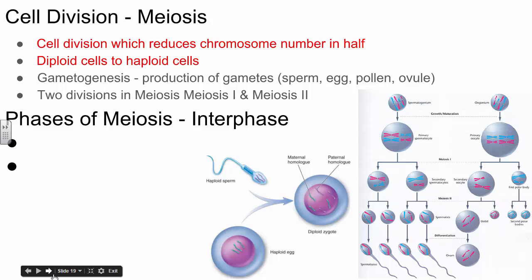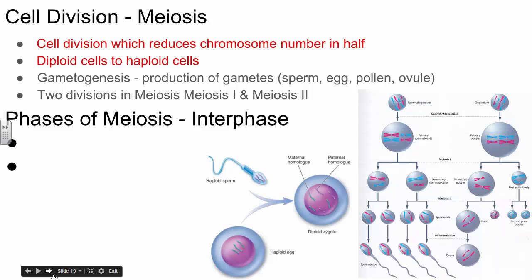The phases are called the same things. So it's still interphase, prophase, metaphase, anaphase, and telophase. The same general events happen in each of the phases, but there are some slight differences in the first division. Okay? So often we split these, calling meiosis 1 the first division, and meiosis 2 the second time it divides.